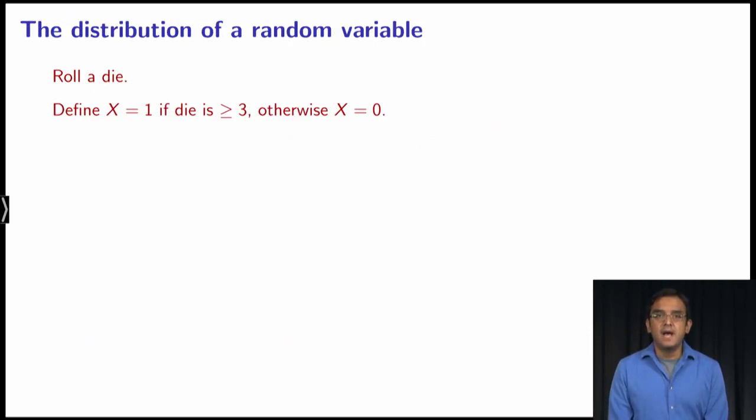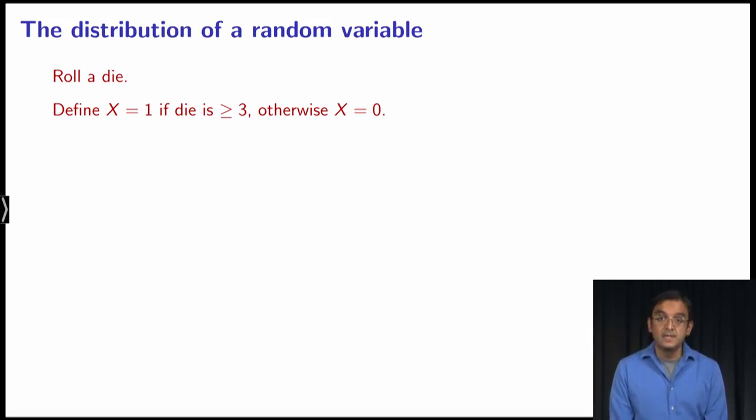So let's see how we can determine the distribution of a random variable from the information in the underlying probability space. Okay, so here's another simple example. We roll a die, and this time we don't care about exactly what the die comes out to. All we care about is whether or not it's greater than or equal to 3.